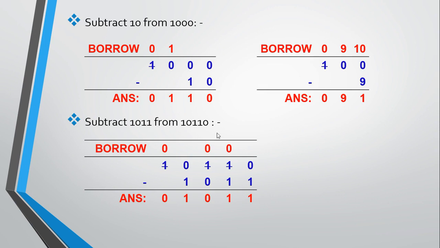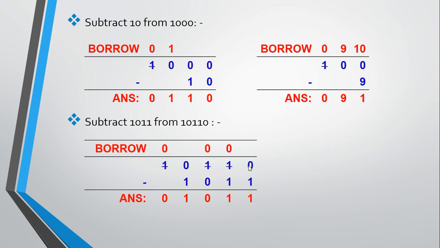Now consider the second example, 10110 minus 1011. So I have written it over here. Now 0 minus 1. Right? So what is the situation? You are not able to subtract 1 from the value 0.